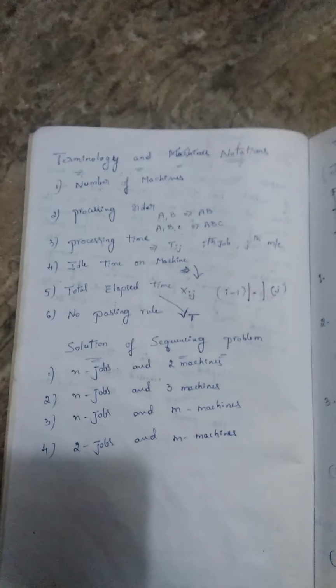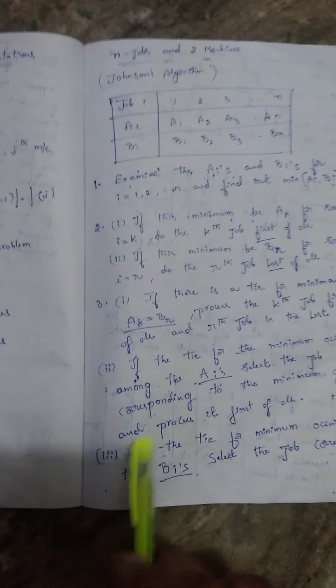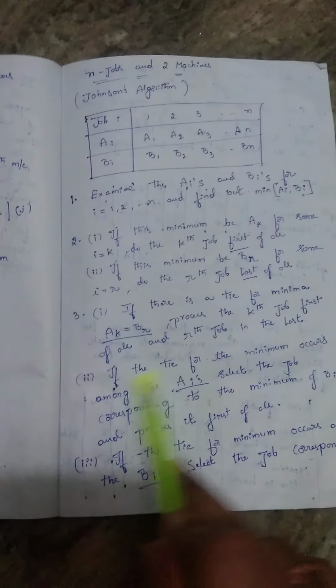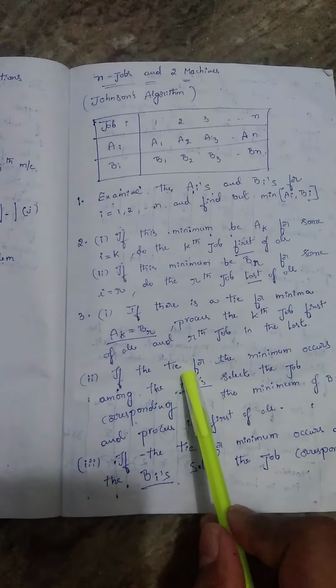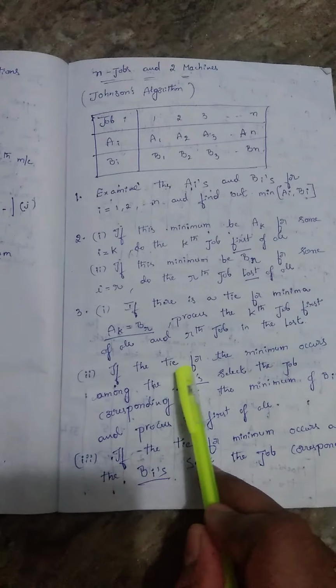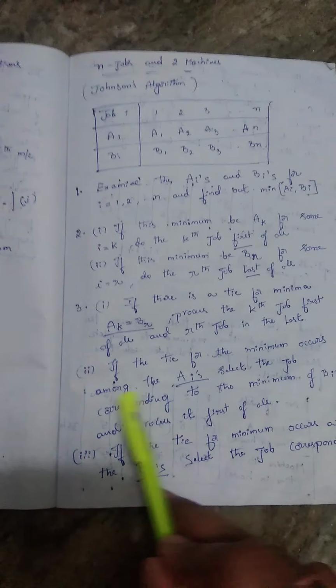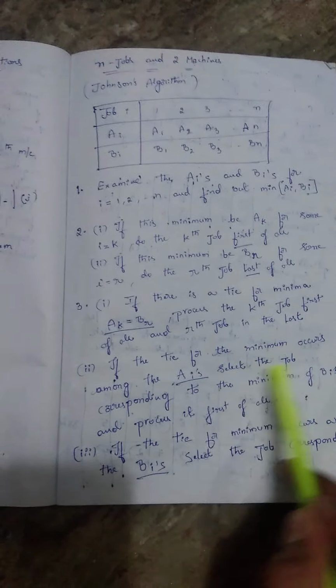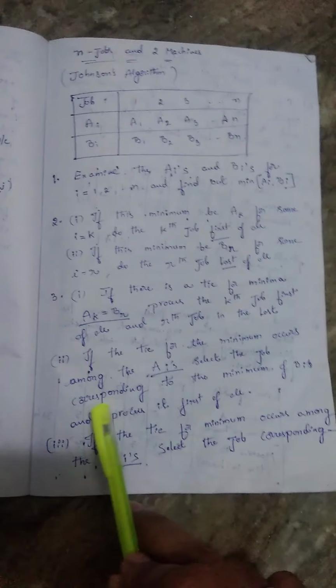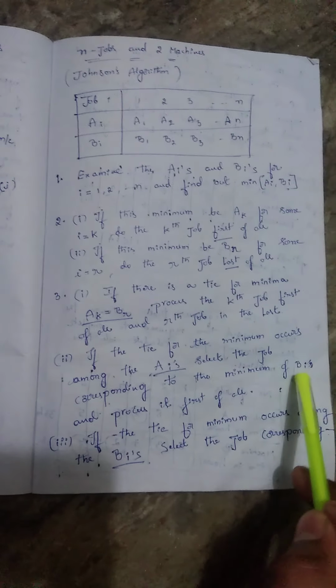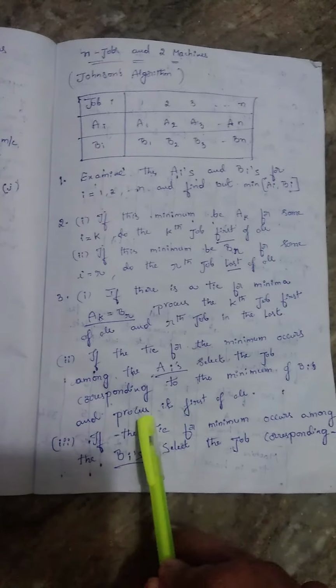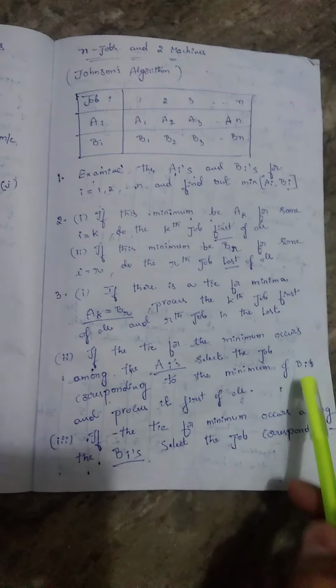Going to this particular condition, the second condition: if the tie for minimum occurs among the AIs, select the job corresponding to the minimum of BIs and process it first of all.